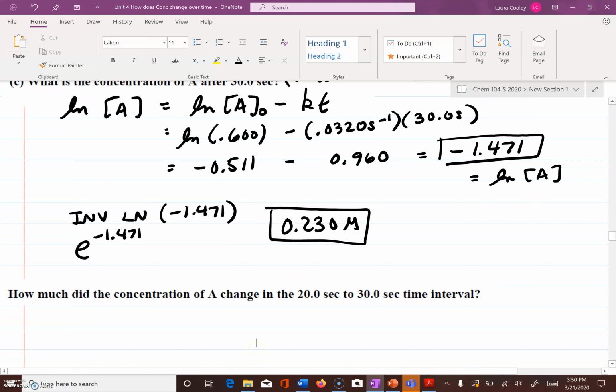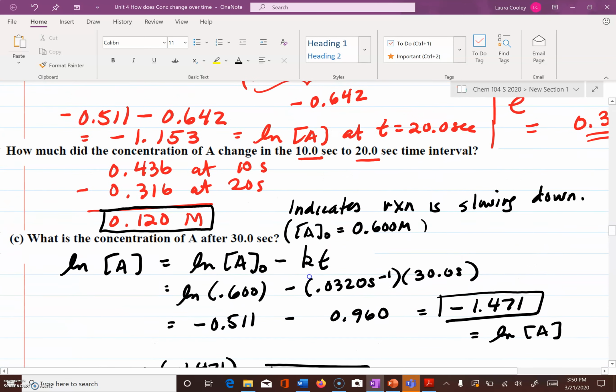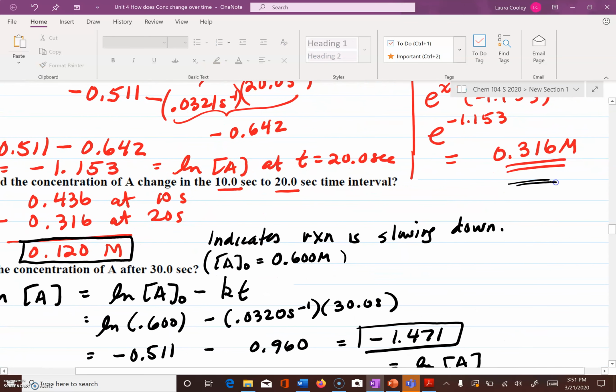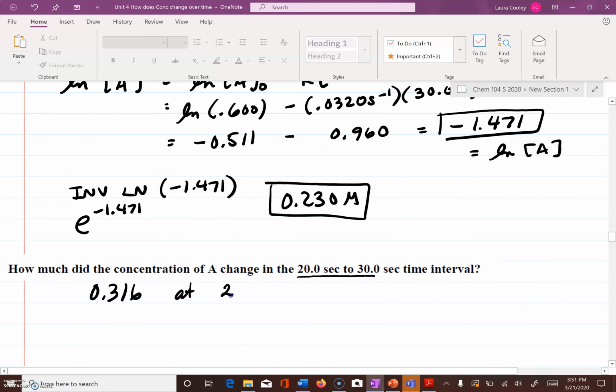So if we want to know how much the concentration of A changed between 20 and 30 seconds, it went from 0.316 molar at 20 seconds to 0.230 at 30 seconds.